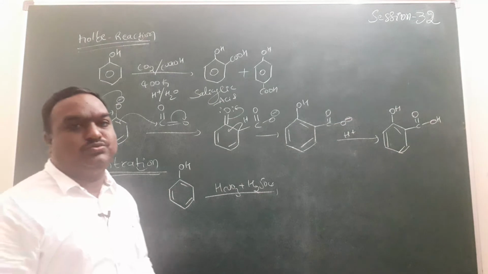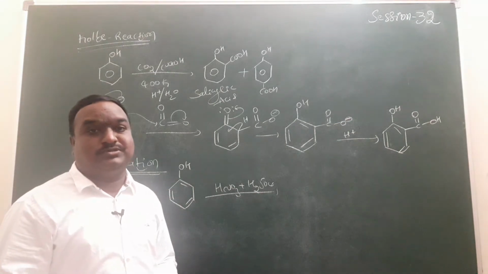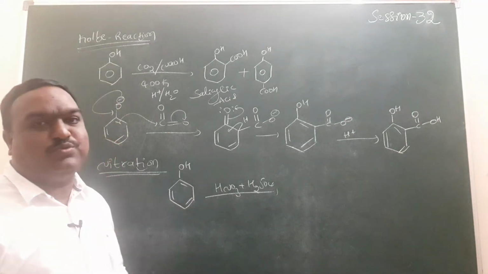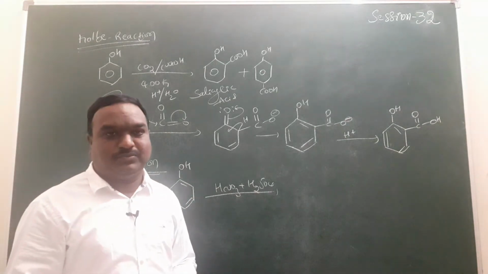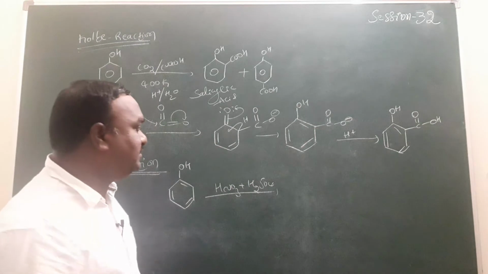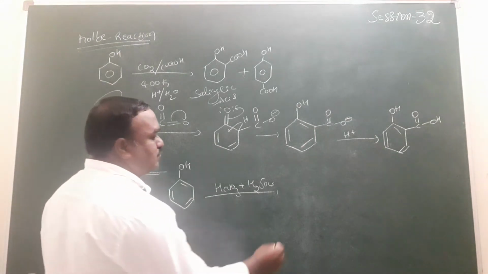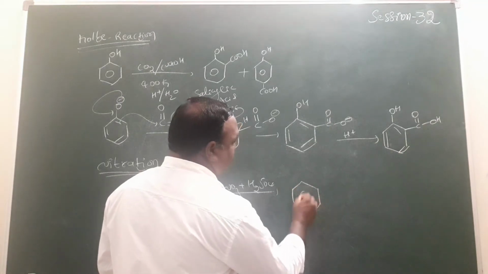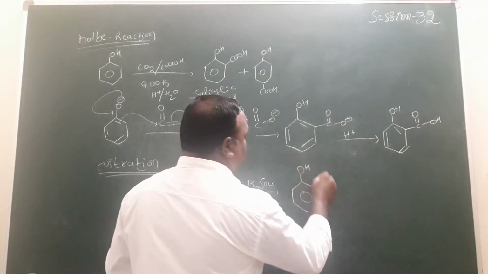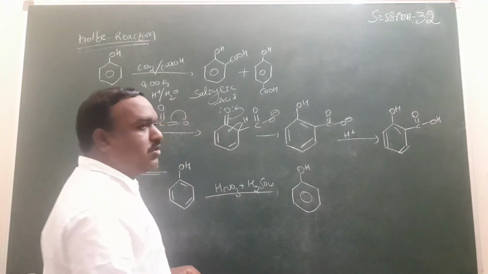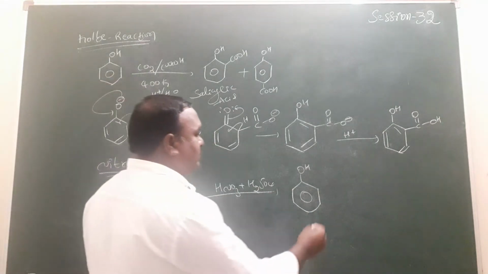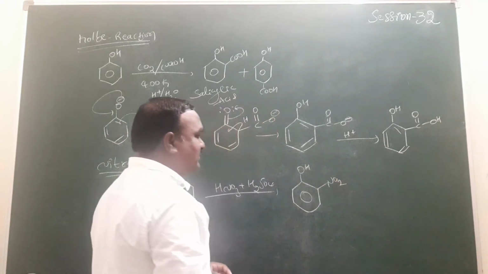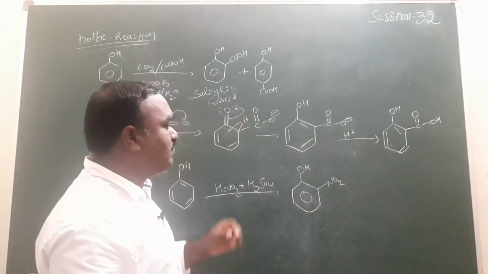Because the OH group is an oxidizing-sensitive group here. That's why in this case a lower yield is formed. HNO3 plus H2SO4 is given. OH is an ortho para directing group, which is replaced by NO2. The ortho position H plus is substituted by the NO2 group.